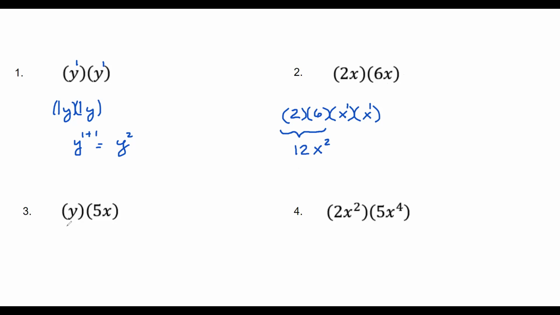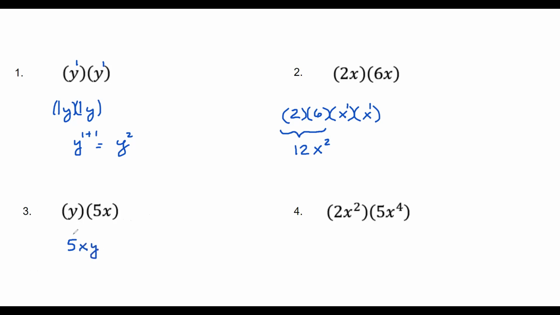Now this one's a little bit different because we actually have 2 different variables. We have a y and we have an x. And we don't have any other y's or x's that are being multiplied together. So what's interesting about this problem is that we don't really have anything to do other than to rewrite this as 5 times x times y.